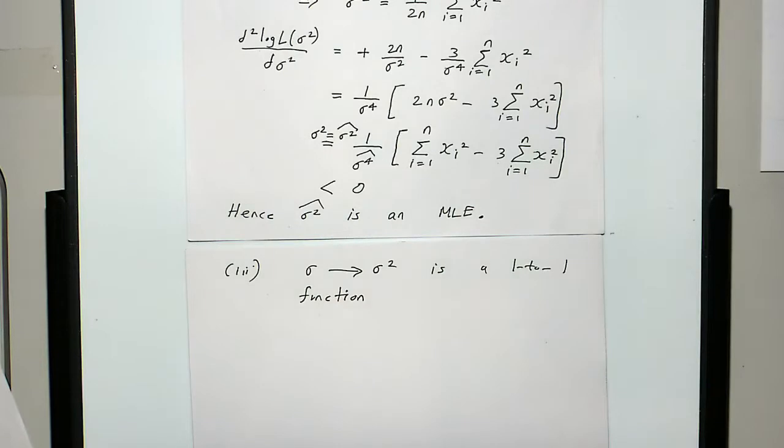Sigma represents standard deviation, so you cannot take negative values. You only have the positive real line to work with.